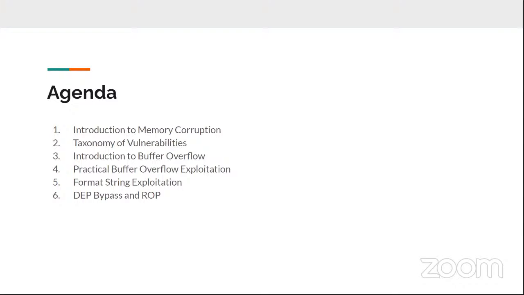In the fifth topic, we are going to cover format string exploitation. We will see what format strings are if you have a program in C or C++. Though format strings are also a part of Python and Java, they are not as much used as they are in C, C++, or the like. Now, if you have used printf, you have used format strings in your program.